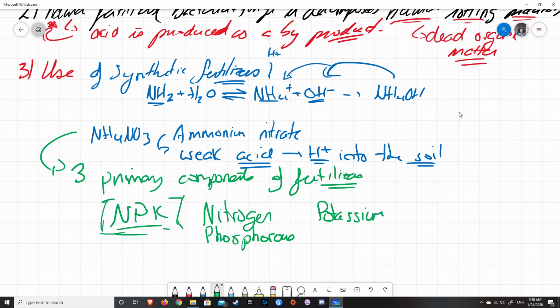Plants need these for a number of different reasons, but the most important one is nitrogen.